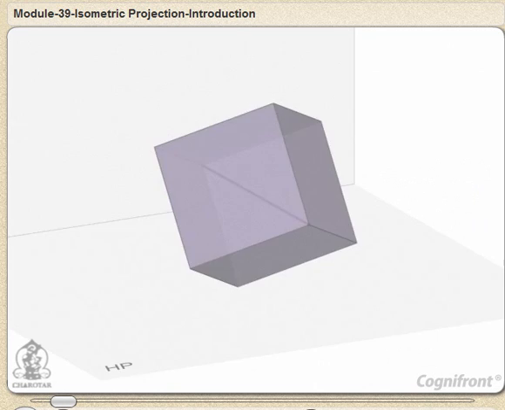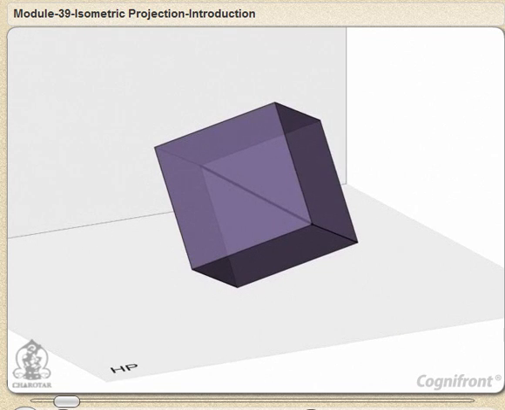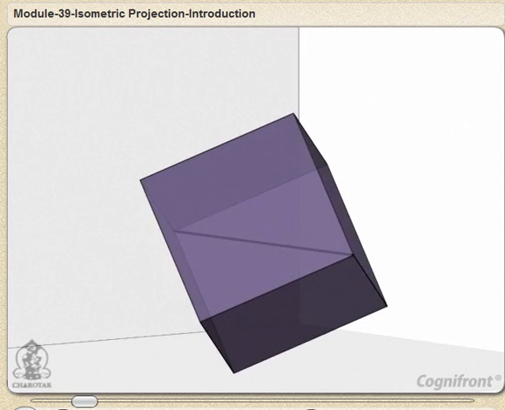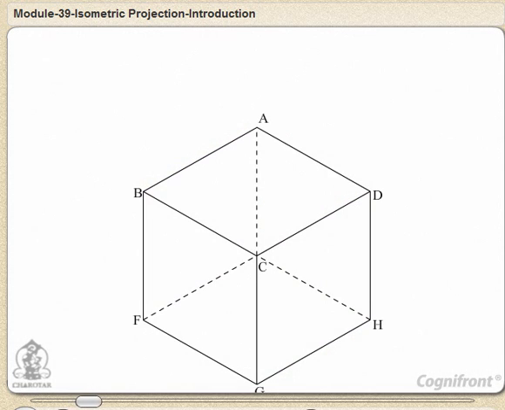If a cube is placed on one of its corners on the ground HP with a solid diagonal EC perpendicular to the VP, the front view is the isometric projection of the cube.